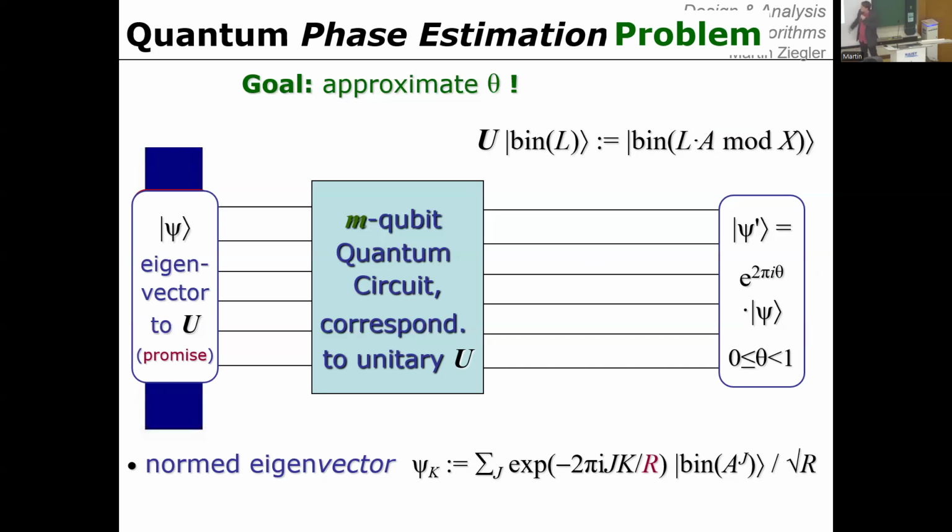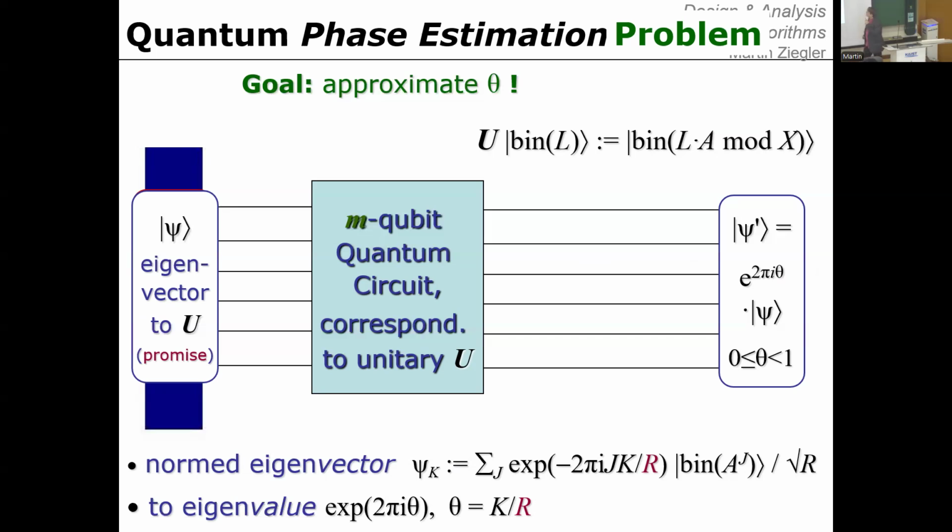We've calculated this. These are the eigenvectors. These are the eigenvalues. Then quantum phase estimation will give us this one. And then from that we extract r.